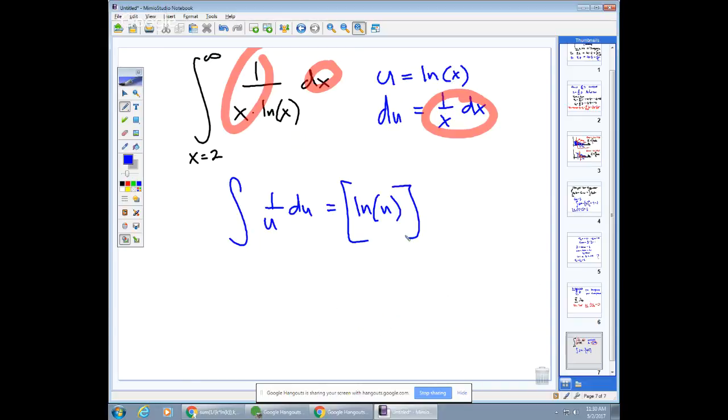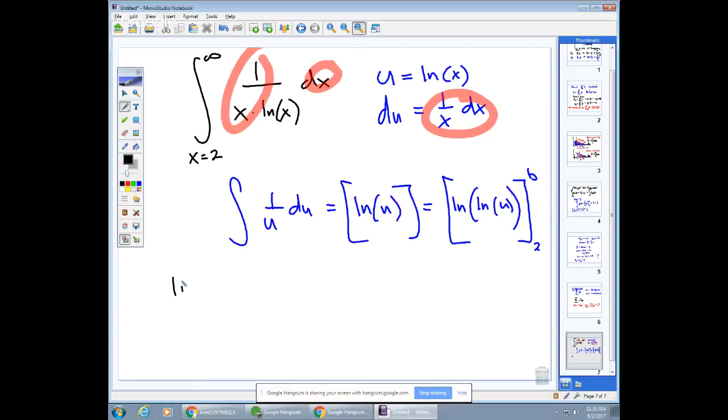I'm going to wrap it for just a moment. What is u really? We have the natural log of the natural log of x from 2 to infinity. Now we really can't put an infinity up there, so we're going to have to put a b for now and then run a limit on that.